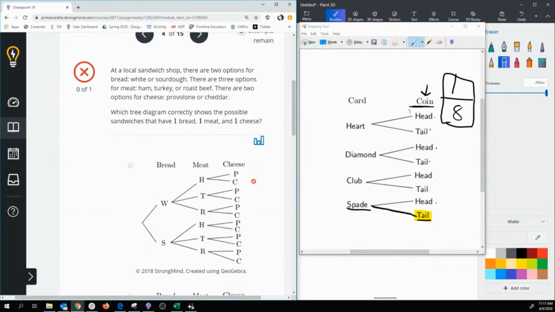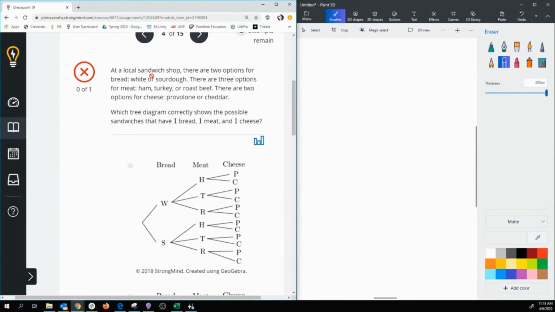Okay. So this question says that there are 2 different options. We could have white bread or a sourdough bread. And then there are 3 different options for meat, which are ham, turkey, or roast beef. And then for cheese, we can either choose provolone or cheddar. So we just want to know which tree diagram is correct from what the question is giving us, right?